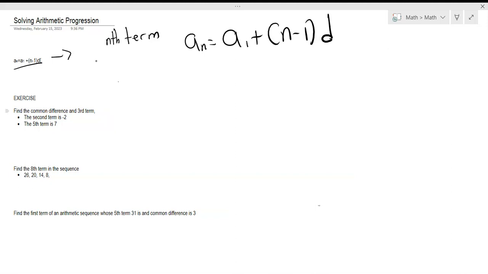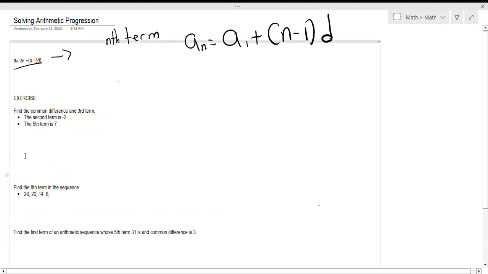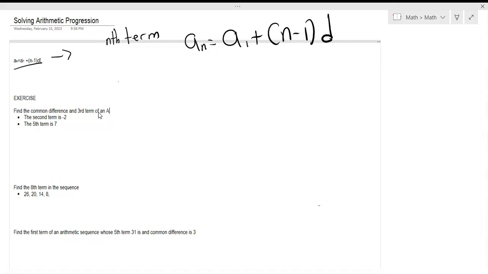Find the common difference and the third term of an AP, an arithmetic progression, where the second term is minus 2 and the fifth term is 7.